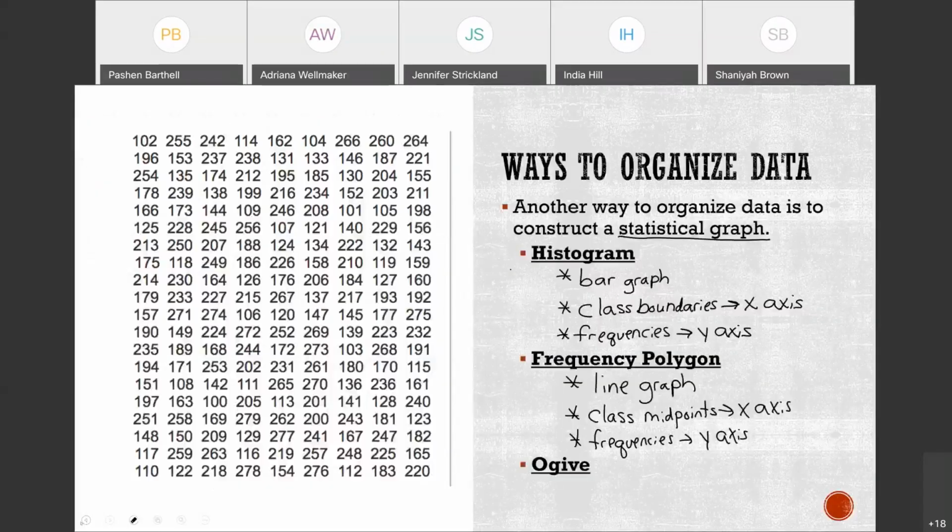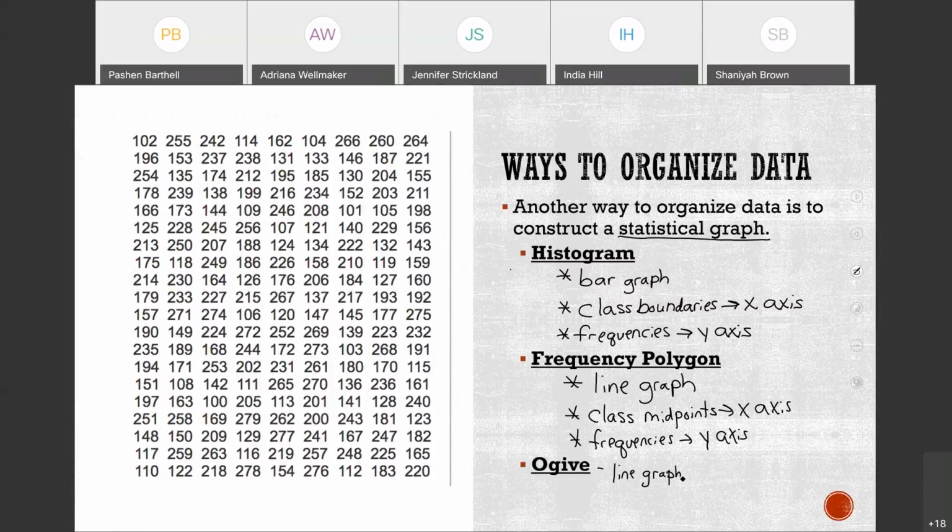The third graph is called an ogive. It's spelled a little weird because it has that G in it, an ogive. It is also a line graph, but it does different kinds of information.